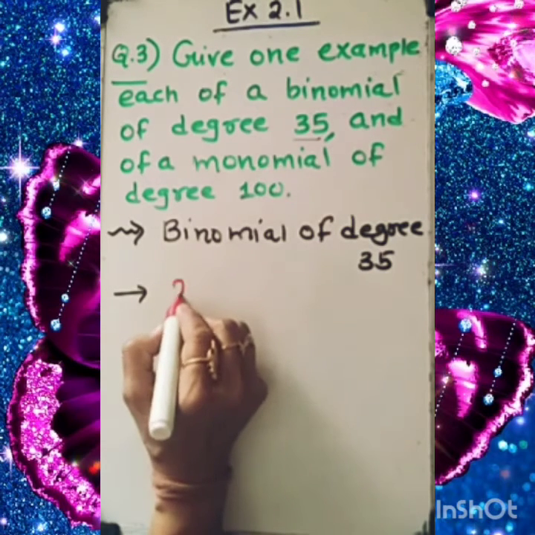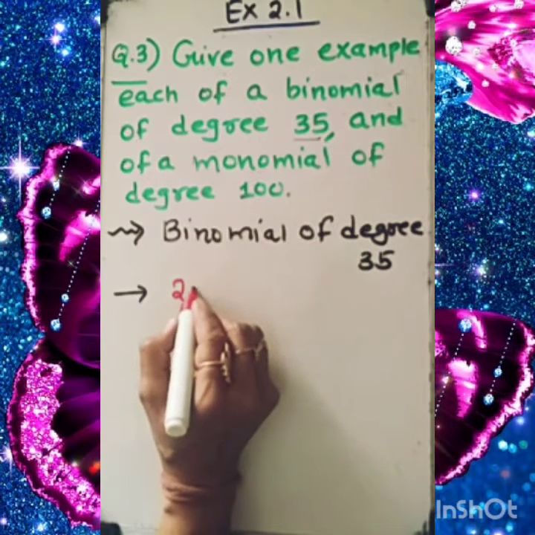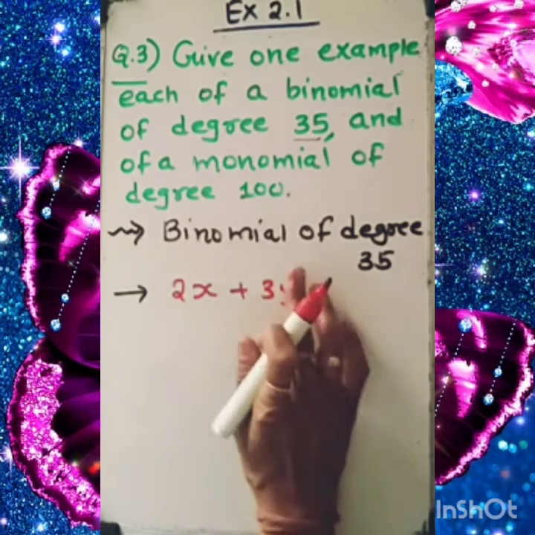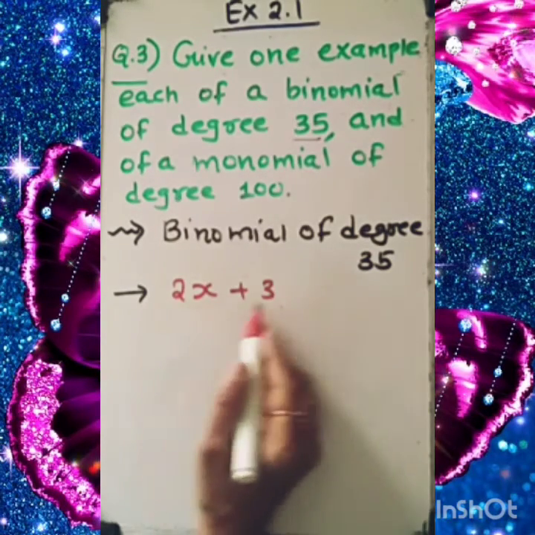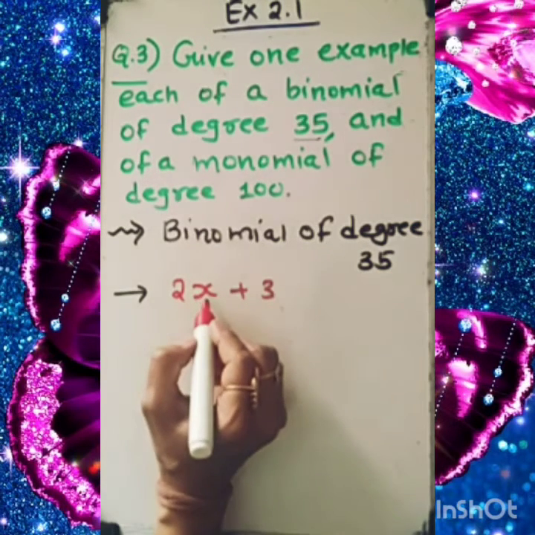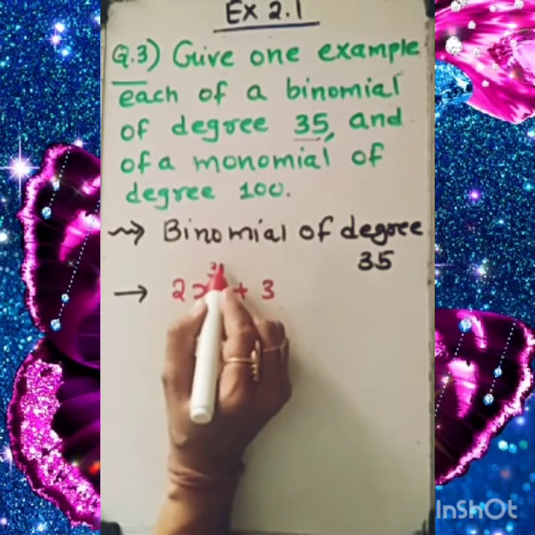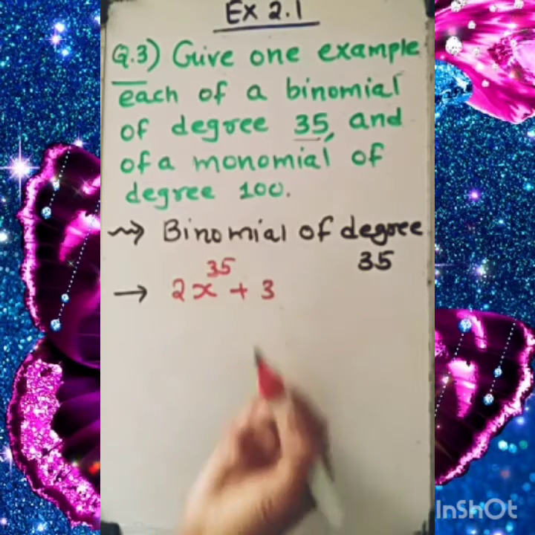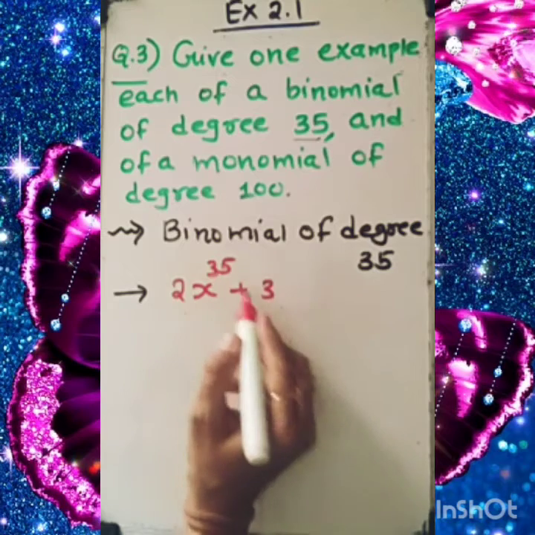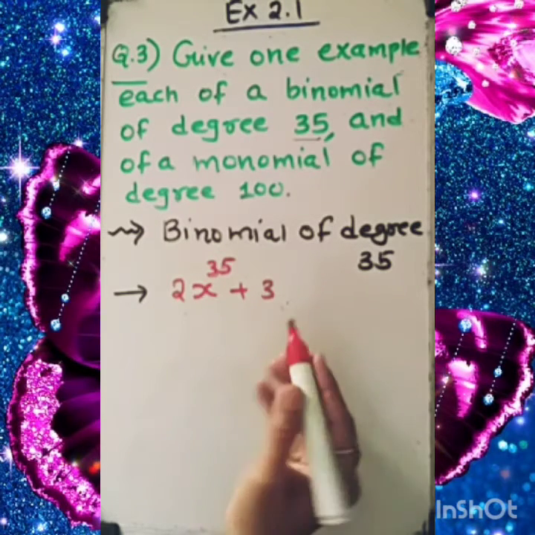I am choosing x plus 3, and here we need to write the degree of the variable, so I am choosing the power 35. Any number we are free to choose; 2x to the power 35 is one example.